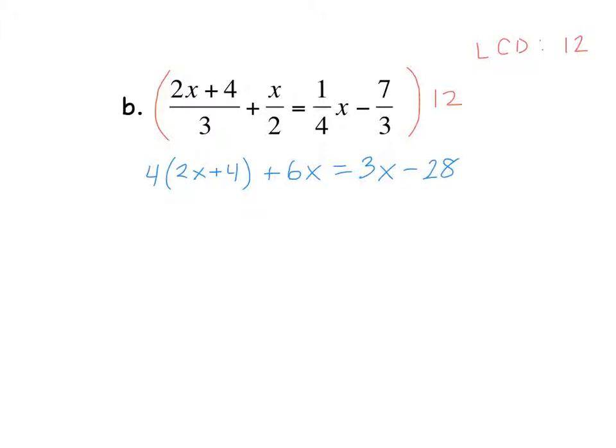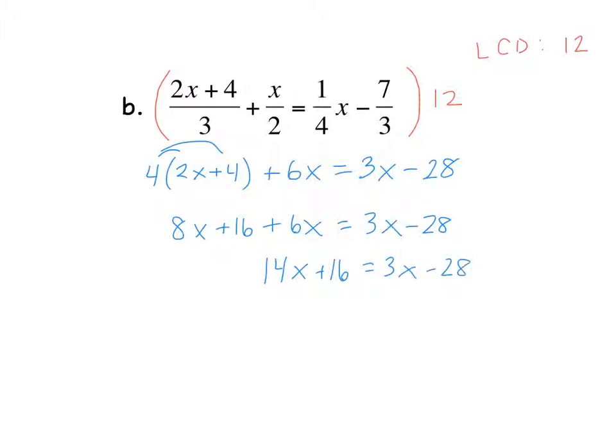Let's go ahead, gather the like terms, do any distributing. So we'll distribute that 4, leaving us with 8x plus 16 plus 6x equals 3x minus 28. All right, so still gathering the like terms on the left side, 8x plus 6x, we've got 14x plus 16 equals 3x minus 28.